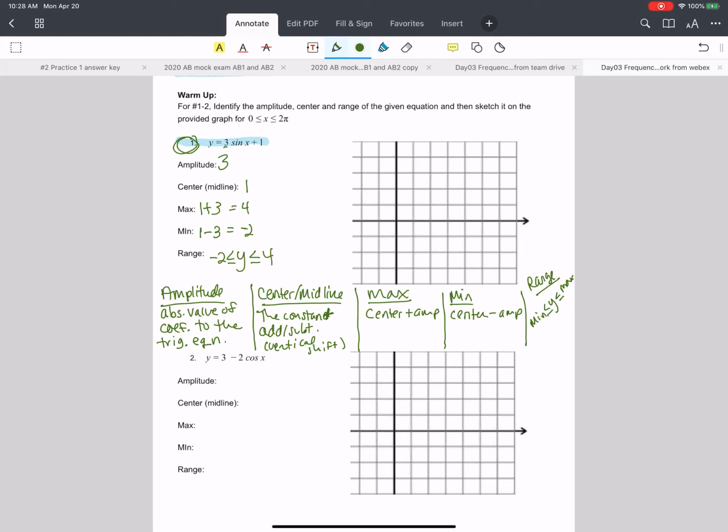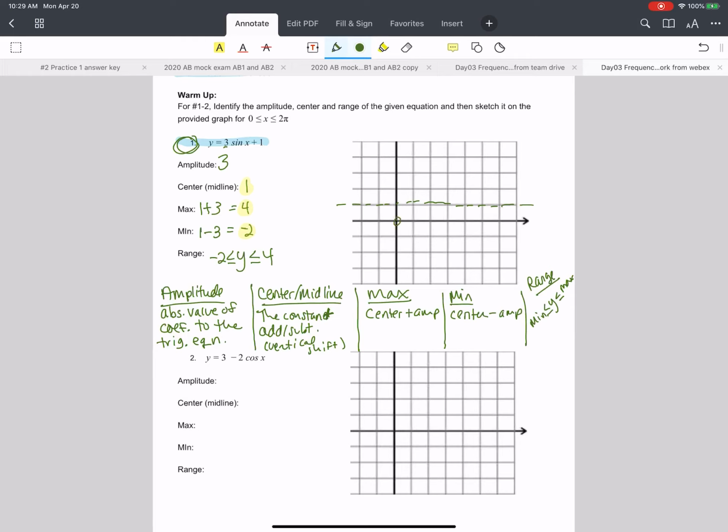So I like to graph all this. When I graph, I make a little sketch of these three numbers, my center, my max, and my min, just to make sure it all looks really well. I start with my center, and that is 1. I make a little dash going along. And this is going from -2.